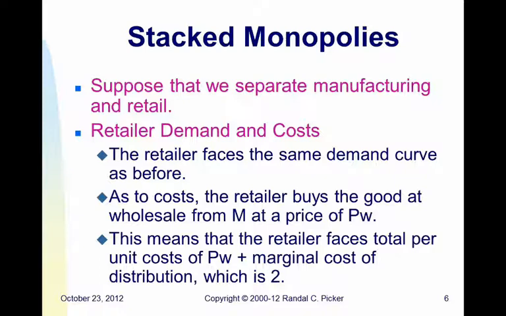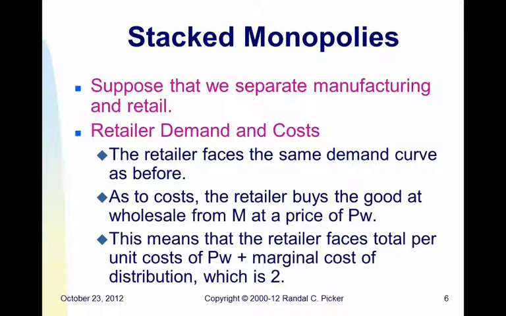The P equals 10 minus Q in that straight line represents how much consumers are willing to pay for the good. The consumers at some level don't care how the good gets to their hands, how much the manufacturer charged the wholesaler, where the costs were allocated. All the consumer cares about is the price to put the good in his or her hands. And that's what the demand curve represents, the value they attach to getting the good into their hands. And so the retailer is facing that demand curve.